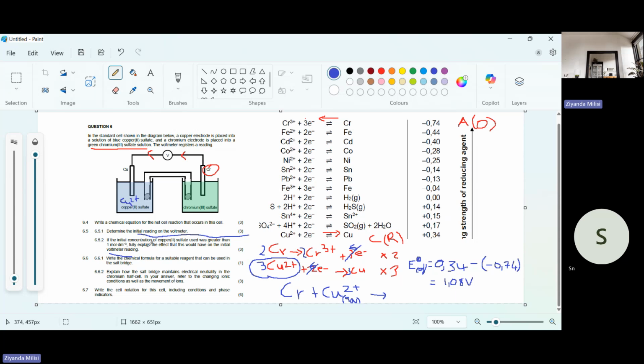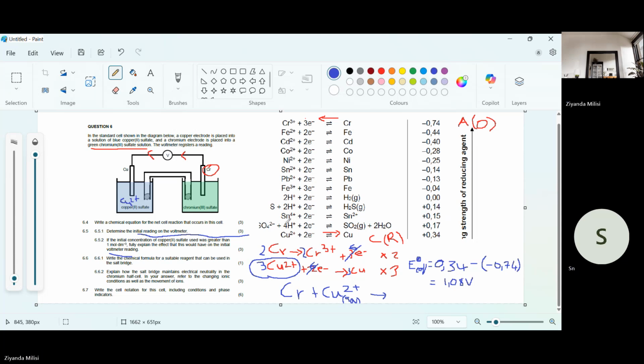You need to look at what the question says: fully explain the effect that it will have on the voltmeter reading. If the concentration of the reactant is increased, the forward reaction will be favored. Increasing concentration will also increase the products. If the concentration of the reactant is increased, the forward reaction will be favored. If the forward reaction is favored, it means the voltmeter reading will also increase.